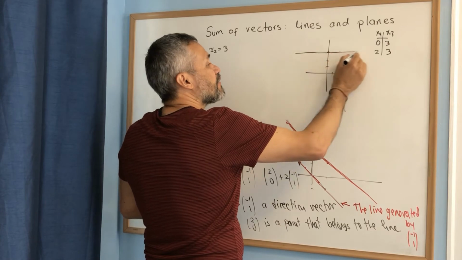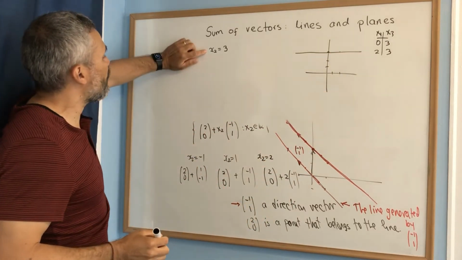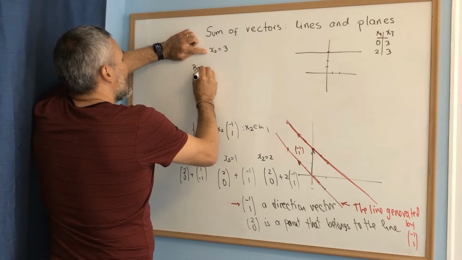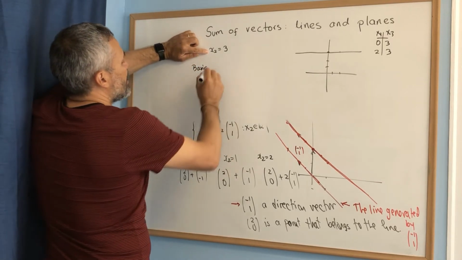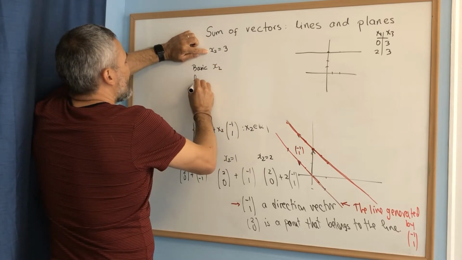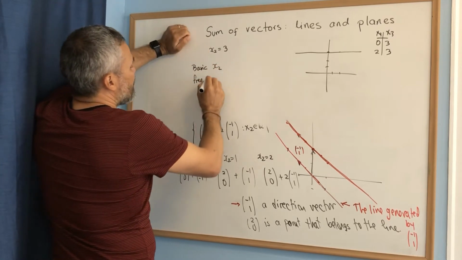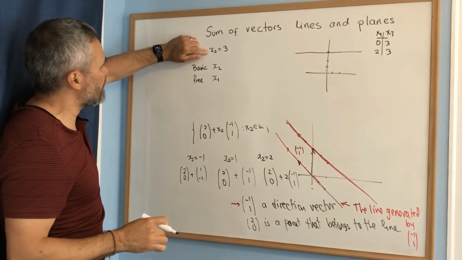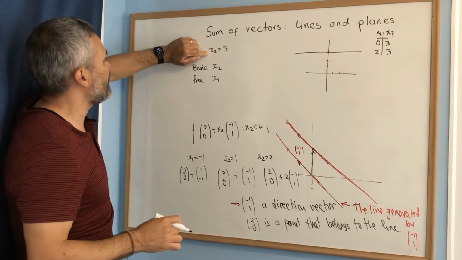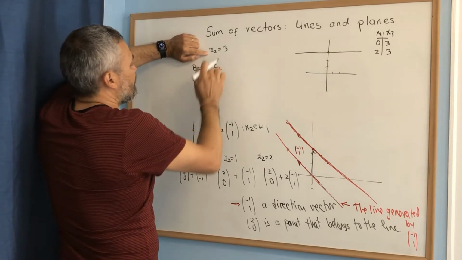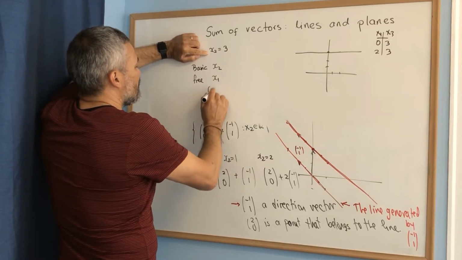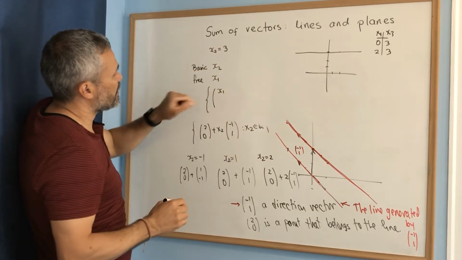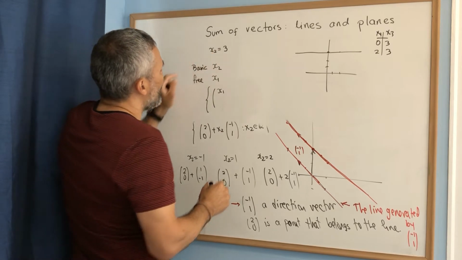It's a horizontal line. Notice that if I want to write the solution for this, what is the basic variable? The basic variable would be x2, and the free variable is everything that is not the basic, so it will be x1. Then we need to write the basic variable in terms of numbers and the free variable, but this is already written like that. And then the solution set would be: x1 is free, so instead of x1 I write x1, and instead of x2 I write the expression.